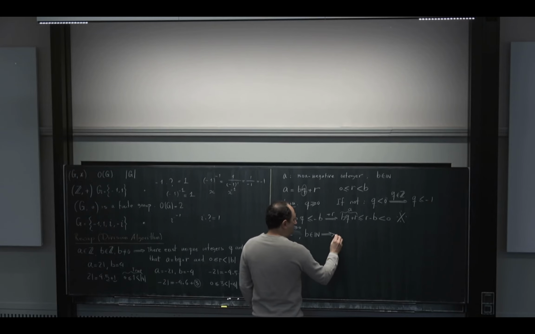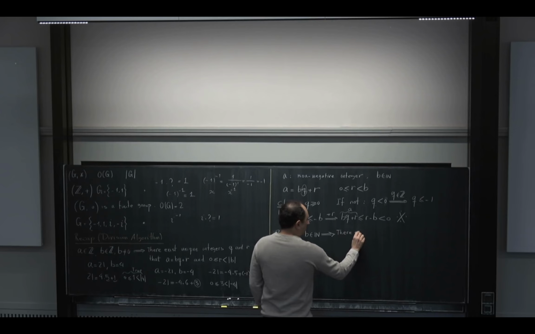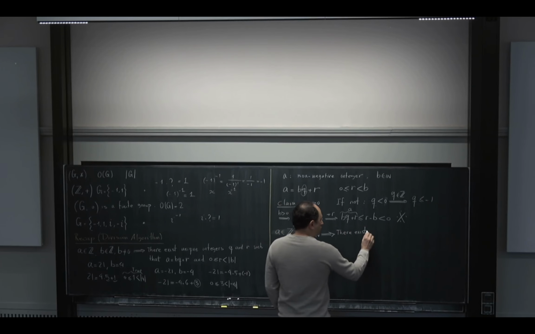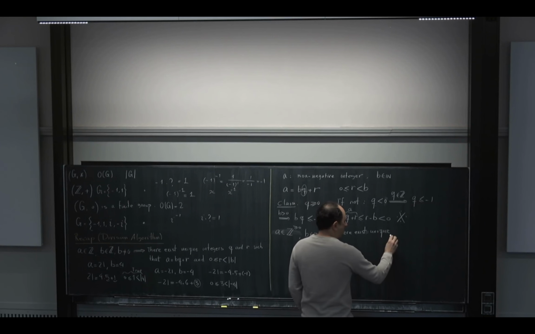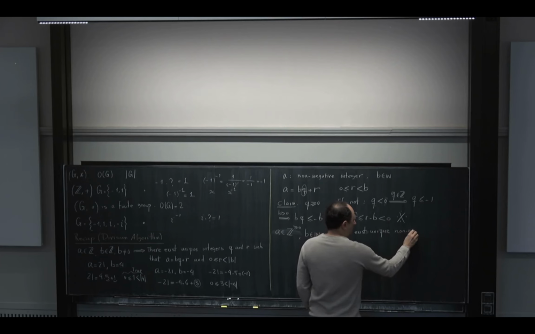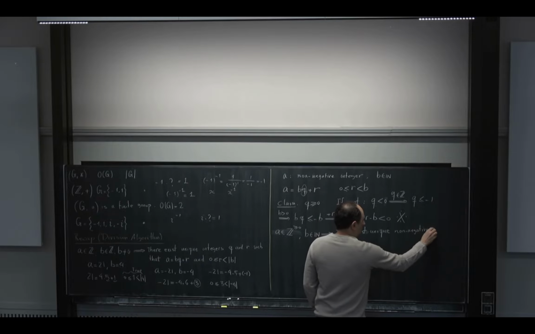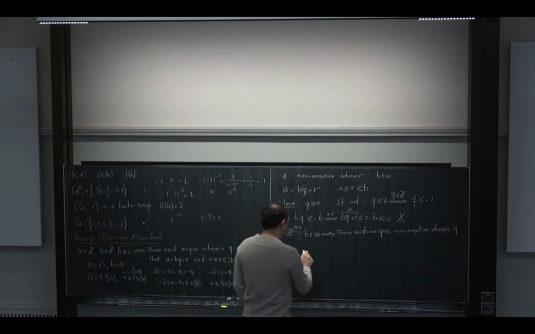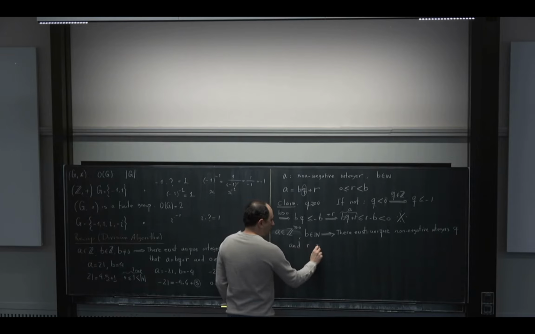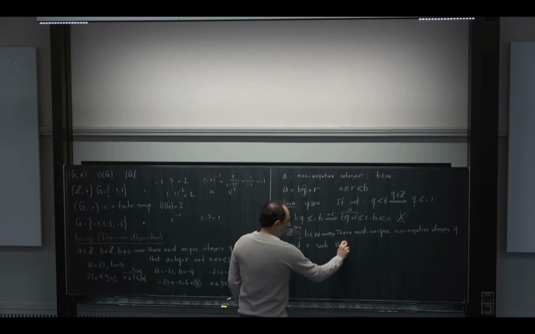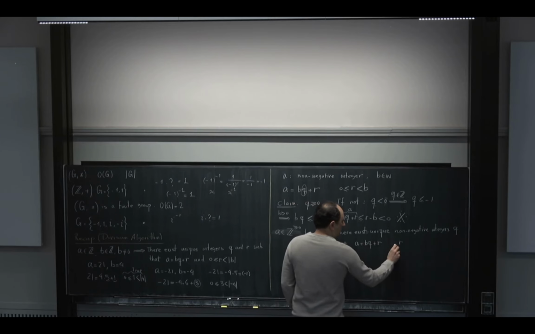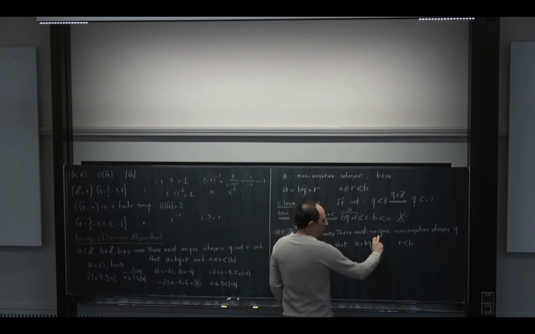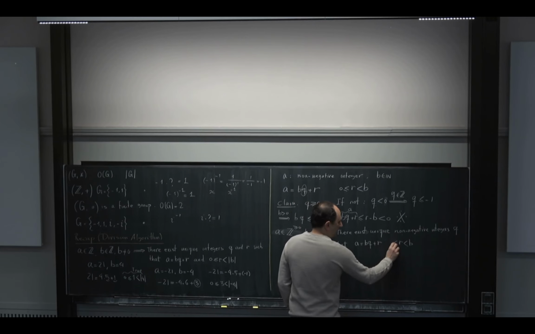So there exists unique non-negative integers Q and R such that A is equal to BQ plus R. R is less than B. I have already mentioned that R is non-negative, but let me also emphasize it here.